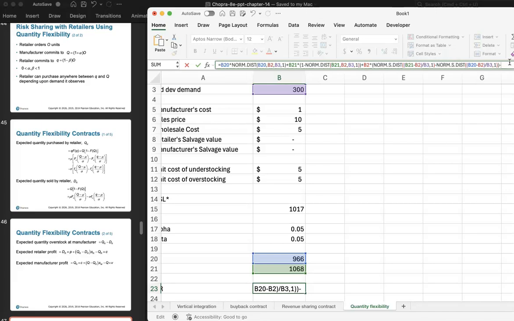We'll do minus standard deviation, that's B3.